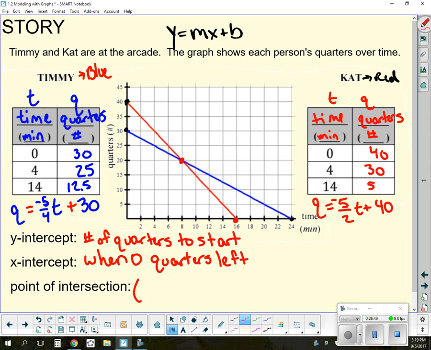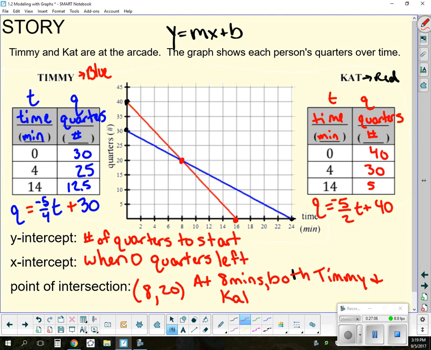That point is at 8,20, and that means at 8 minutes, both Timmy and Kat have 20 quarters left. So it's when they have the same number of quarters left. That occurred at 8 minutes and they had 20 quarters.